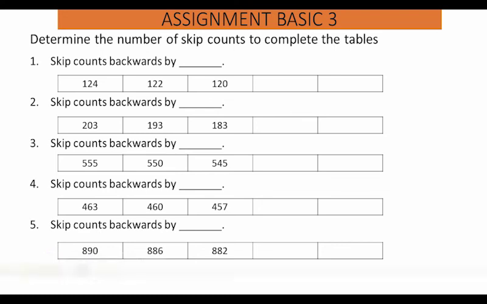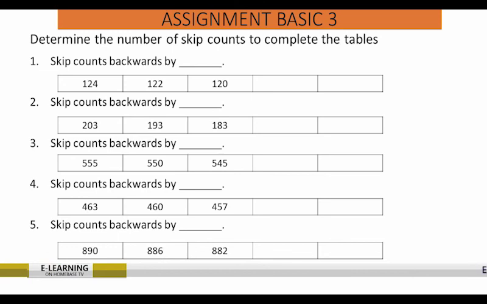Number 2, skip count backwards by, and the numbers are 203, 193, 183. Number 3, skip count backwards by, and our numbers are 555, 550, 545.